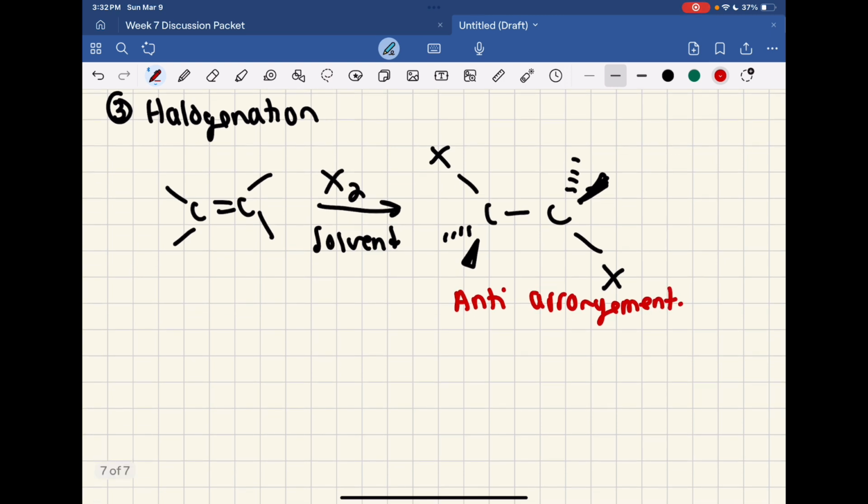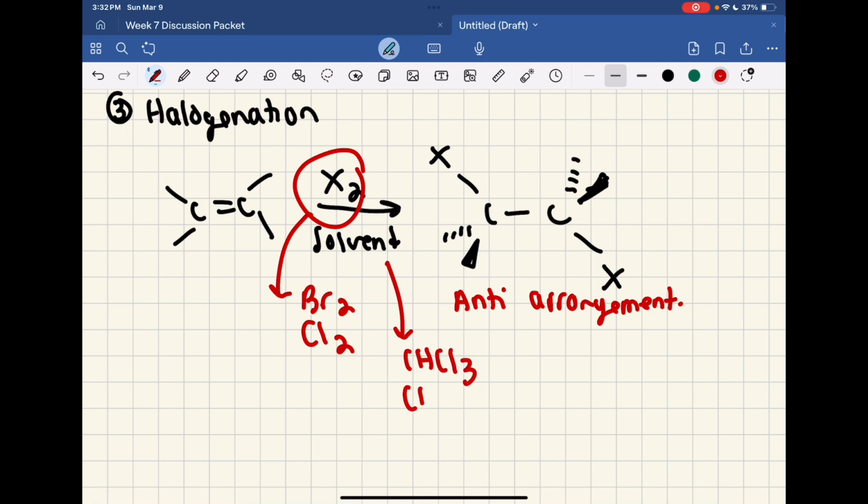Okay, so again, just some other things to point out here. The X2 is either diatomic bromine or diatomic chlorine, and often the solvent is either chloroform or DCM. You might see it as DCM. You might see it as methylene chloride.